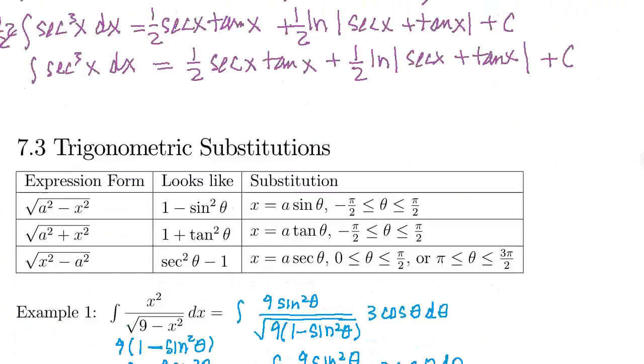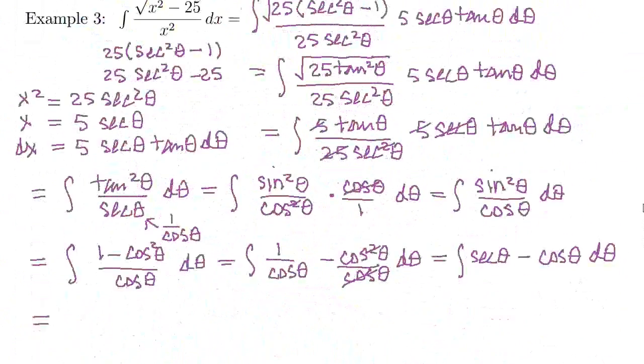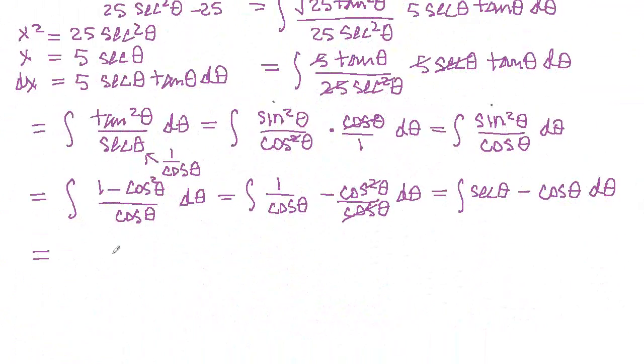Integral of secant x dx is natural log of the absolute value of secant x plus tangent x. So this will be natural log absolute value secant theta plus tan theta, and then minus antiderivative of cosine is sine theta, and then plus constant.